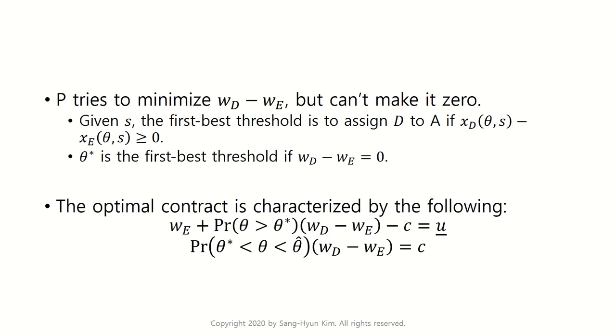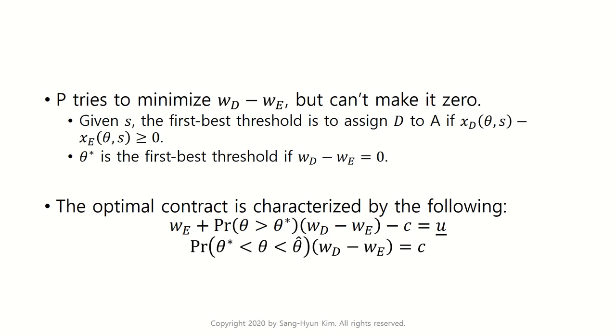But that is socially optimal, but you don't want to do that because if you promote the worker, then you have to pay a higher wage. Because of the existence of this additional wage, which is WD minus WE, you do not want to follow this optimal strategy.